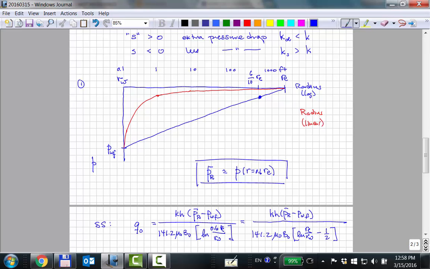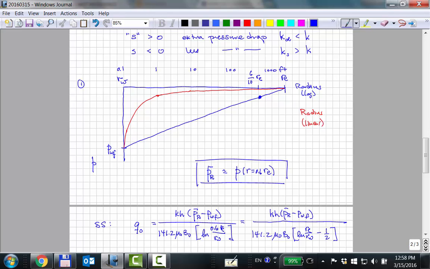If he sucks harder than I do, he may suck air from here all the way to himself, and I suck air from here to here. There's a no-flow boundary, and that's what the wells are creating.